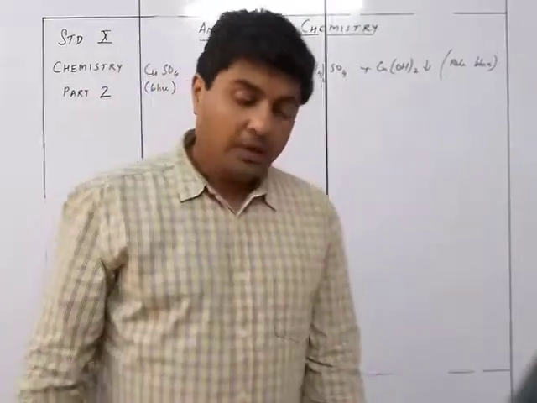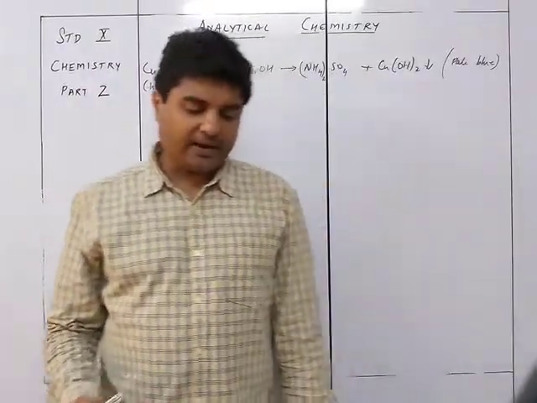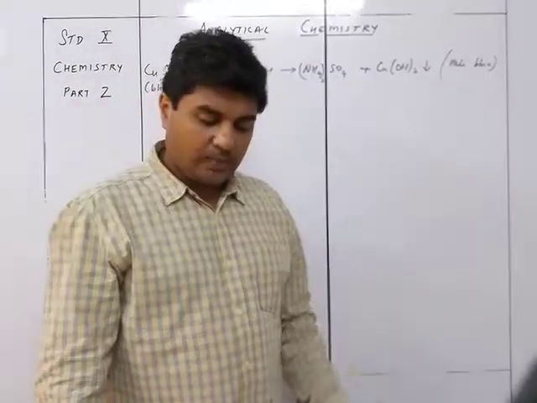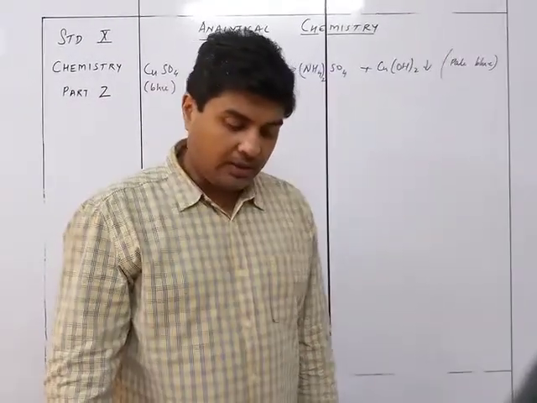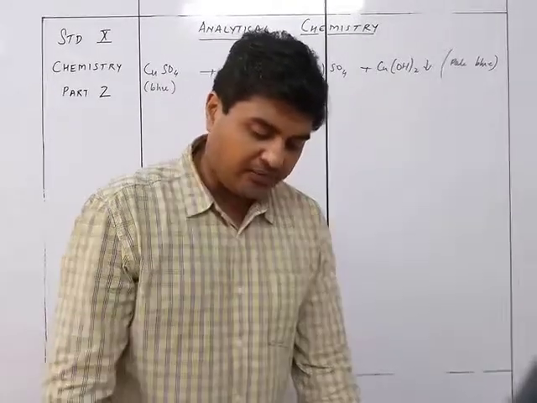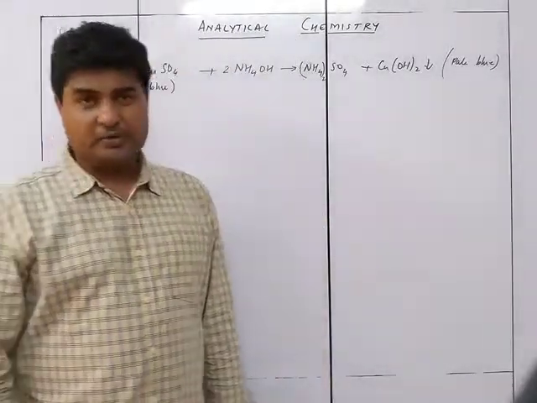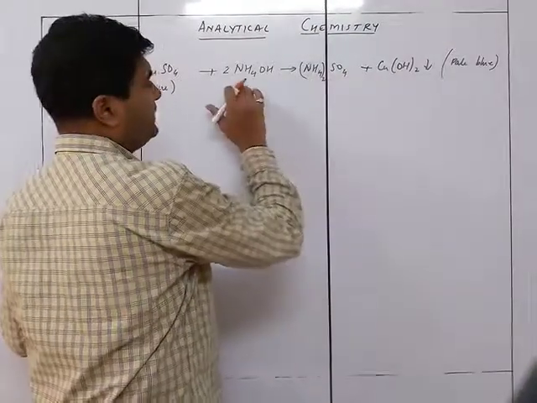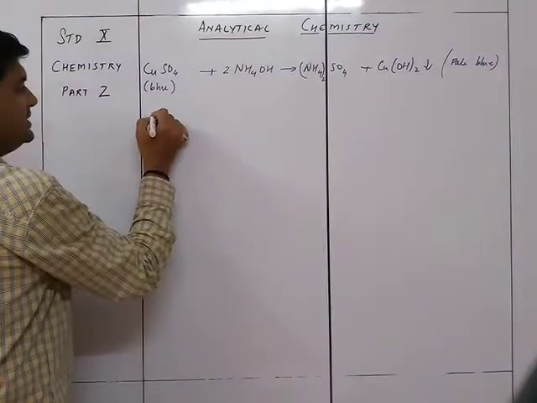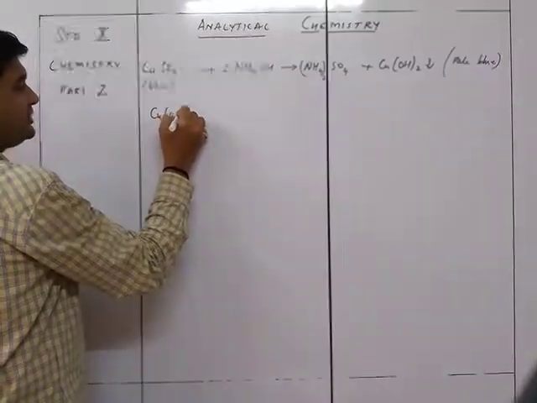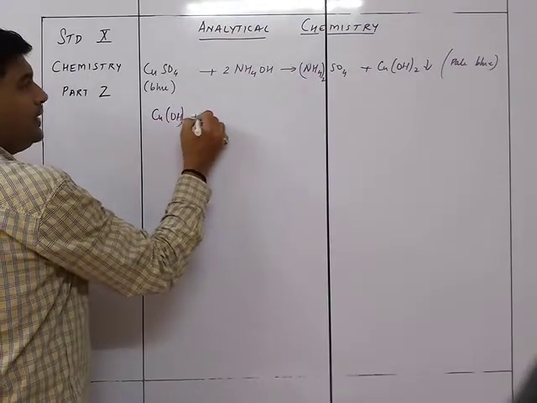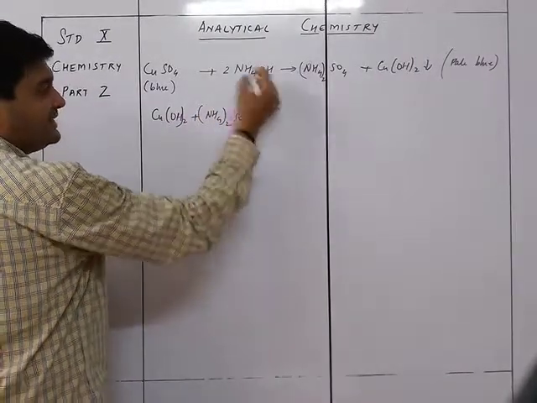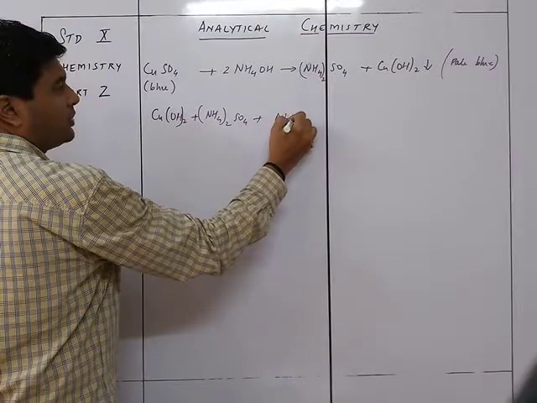Now over here it is seen that if I react this further with NH4OH, then it is going to give me different results. There are two possibilities. One possibility is that I allow this also to react with this thing. So the reaction could be like Cu(OH)2 plus (NH4)2SO4 plus excess of NH4OH.